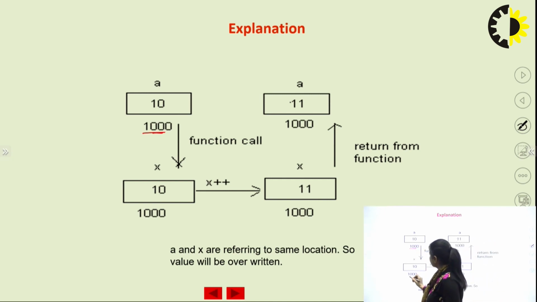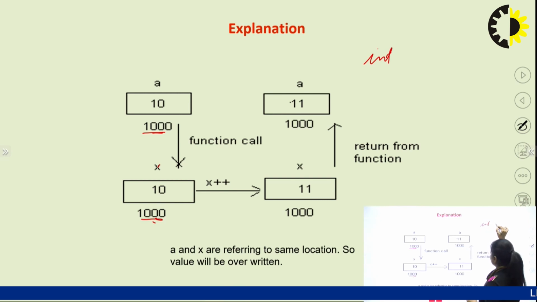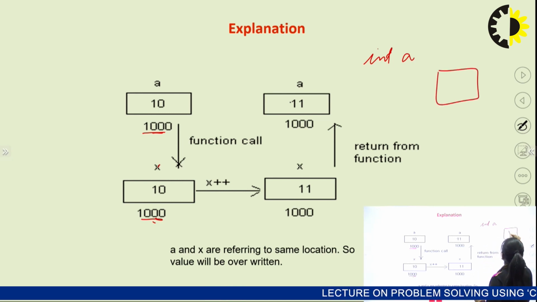Here in this diagram, we can see this is the same address. That shows x is having the address of A. It doesn't mean that x is not having a different address. No, A is having an address, x is also having some sort of address, because when we declare any variable like this, then this variable will be allocated some sort of memory, integer type.